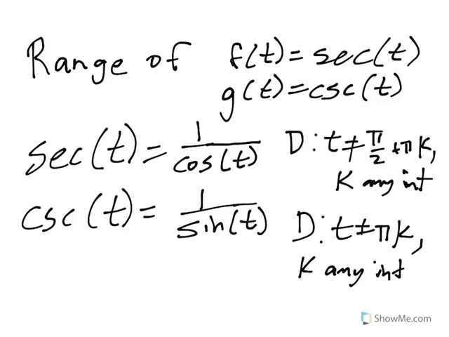But the range we have to think about a little bit differently, because the range is what comes out. And so t goes in. For example, with secant, a value goes in, you evaluate the cosine, and then you take the reciprocal. 1 over cosine just means the reciprocal. So what I'd like to do is look at some reciprocals of different values that cosine could be.